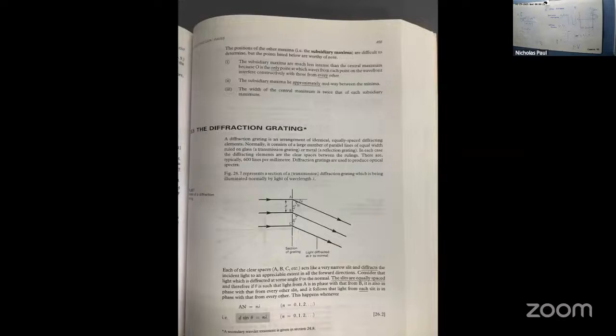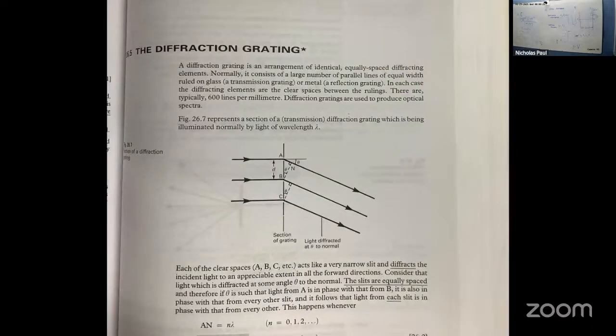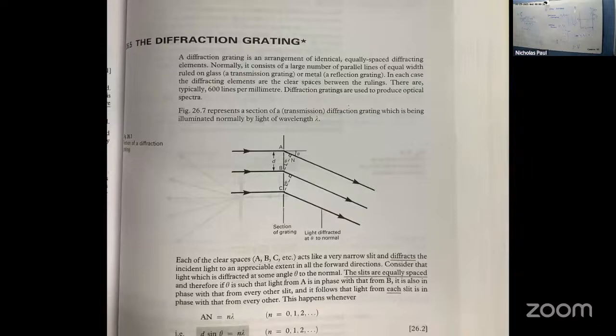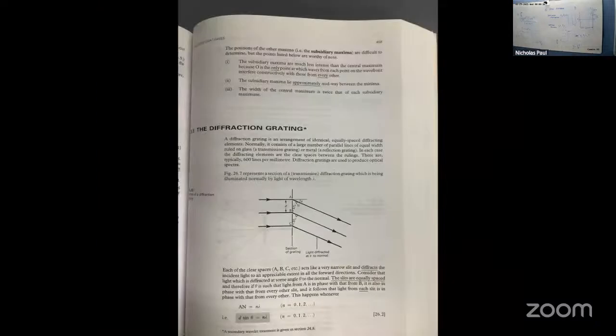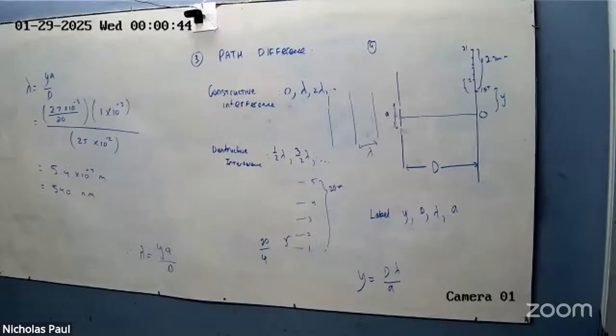So everything we just did goes towards trying to explain the actual diffraction pattern. Pages 455 and 456 are the two most important pages. 455 and 456.